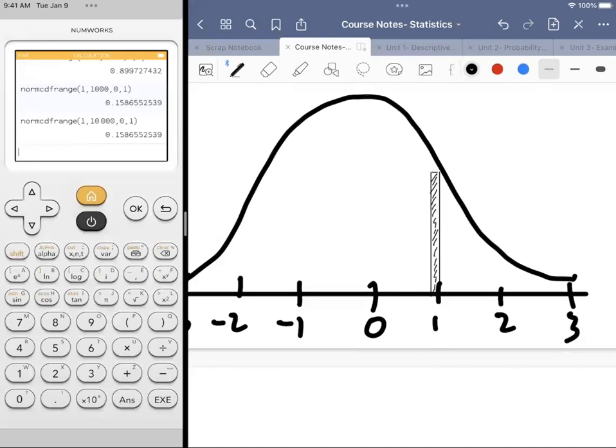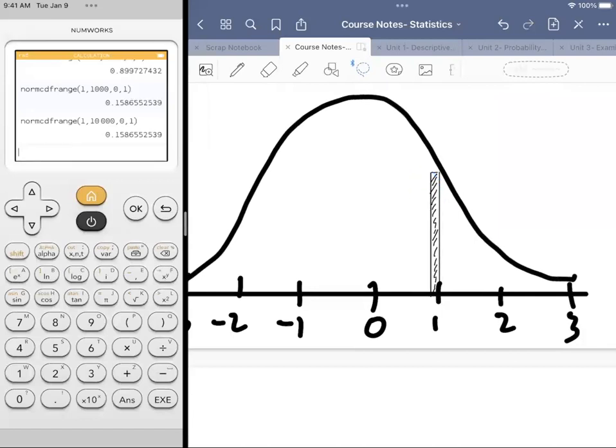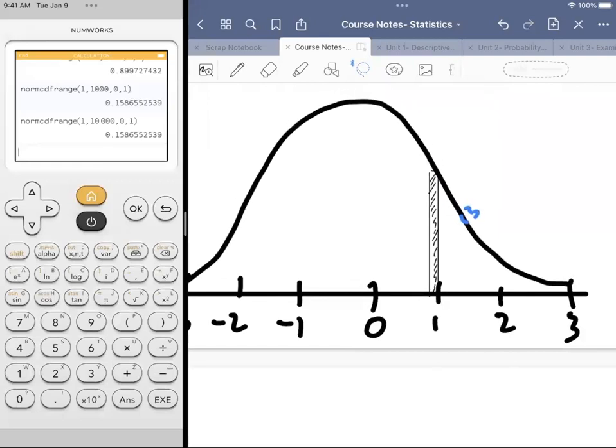But what you come up with in terms of the area is going to be entirely dependent on how wide I make that rectangle. If I make it super skinny, I'm going to get a different outcome. I'm just going to fake the shading. It doesn't look that good, but it is what it is.